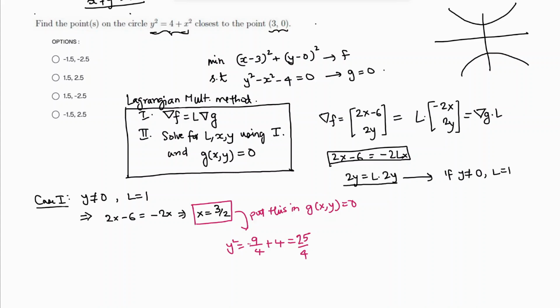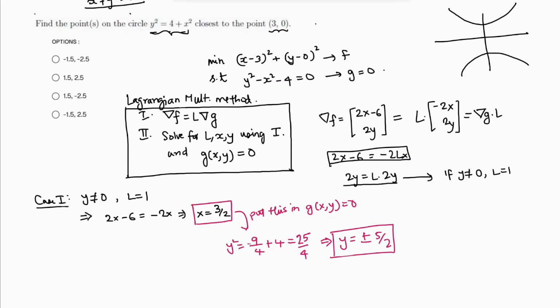So y can be plus minus 5 by 2, right? So we got the value of x, we got the value of y.